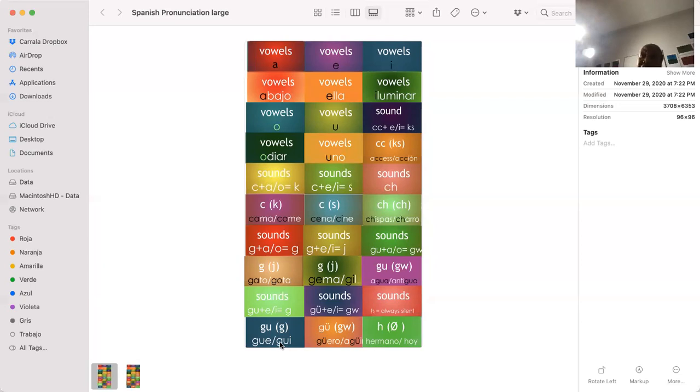And the vowels A and O in Spanish are hard. The letter E, the letter I, and the letter U are soft vowels, because their pronunciation changes.